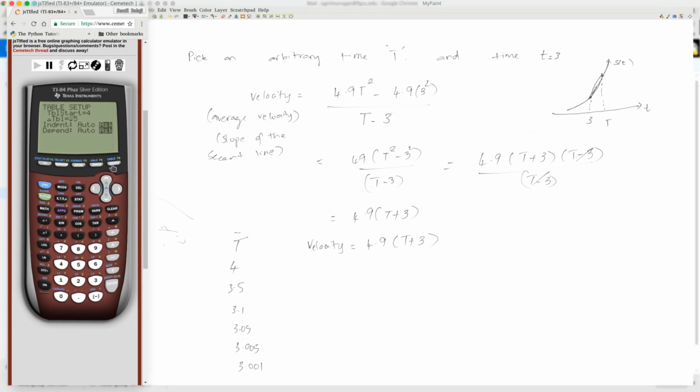So I am going to go ahead and press second table, and now I'll start entering 4, which is my first value, and 3.5. Excuse me, I have to go back here to table set.